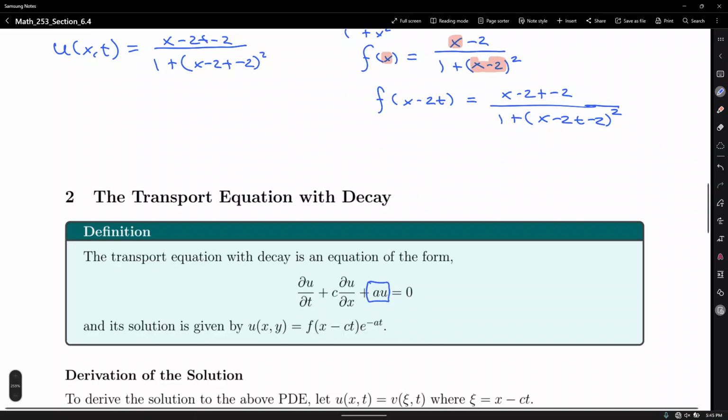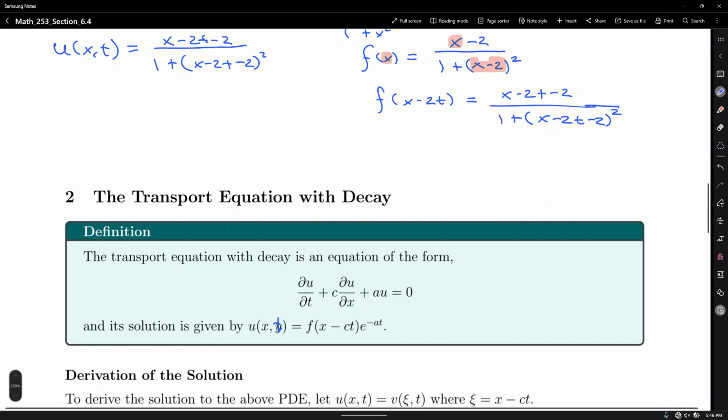So partial of u with respect to t plus c partial of u with respect to x plus a linear term in u, that is au, equals 0. The solution is given by u of xt, a little typo earlier, some function of x minus ct, but this time times an exponential factor, guys.